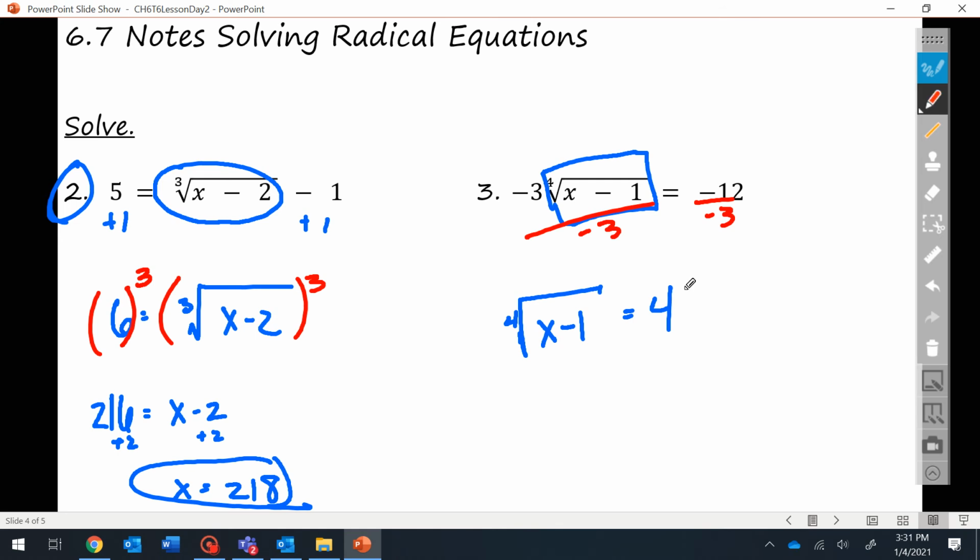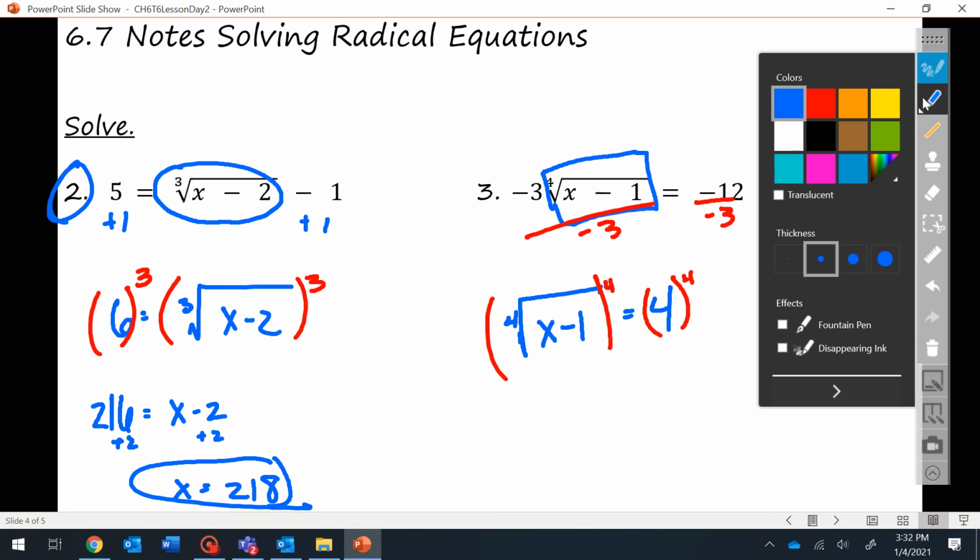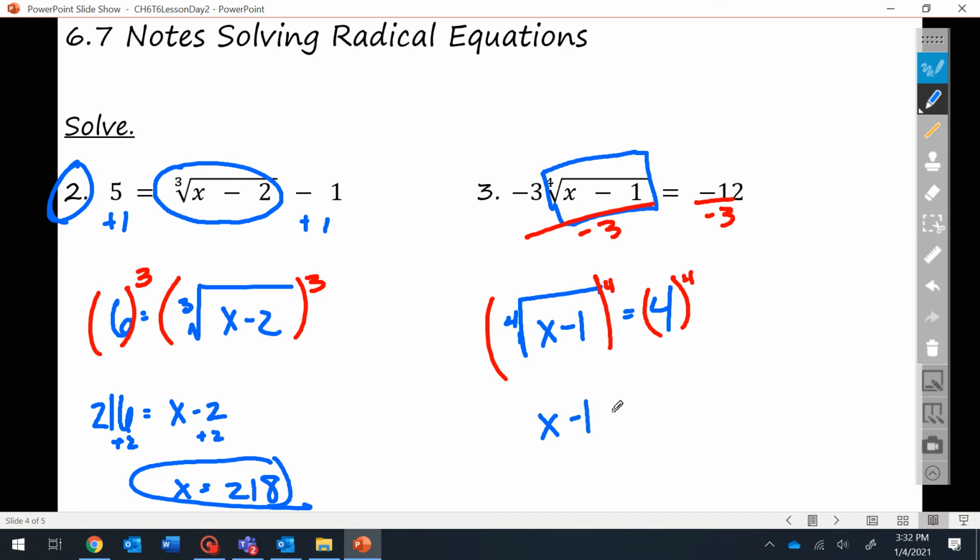Alright, next we need to get rid of that index. So we'll raise to the 4th power. So x minus 1 is equal to 4 to the 4th power, 256. And then we'll add 1, x equals 257.